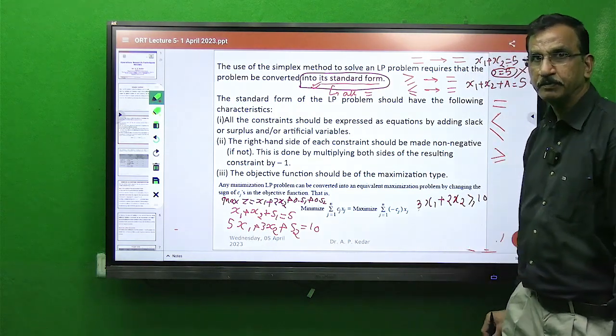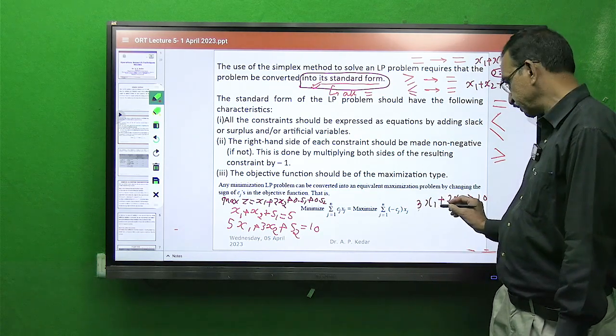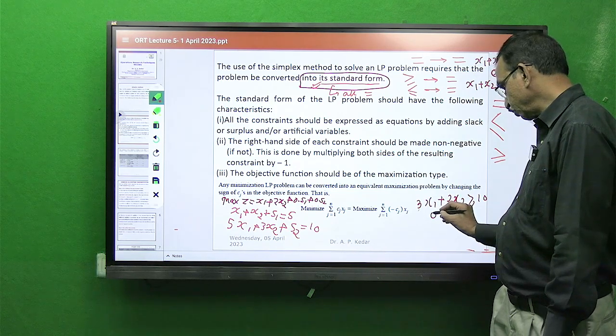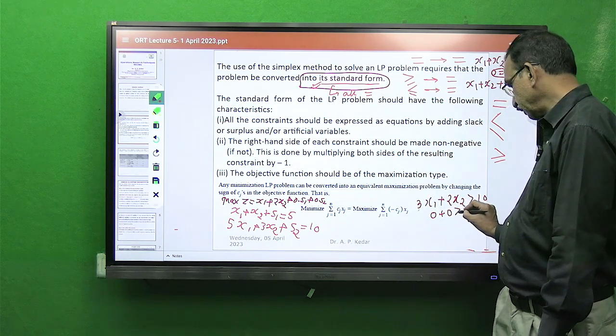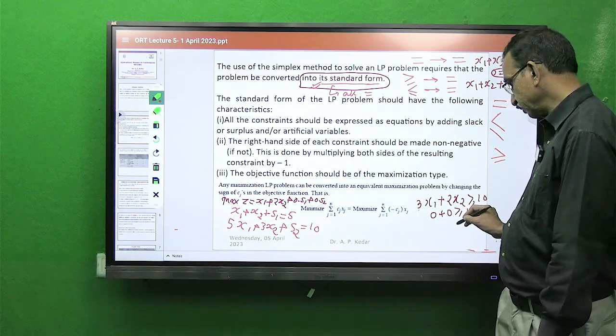This is the equation we are having. Again, if we put this basic condition of 0, this will lead to 0 plus 0 greater than equal to 10. Again, this is not possible.